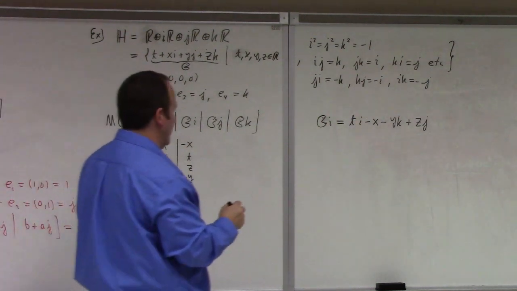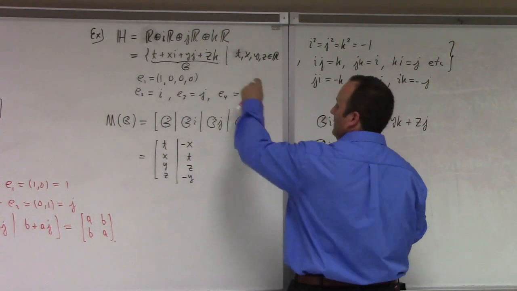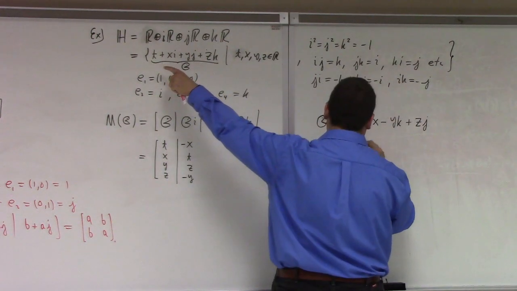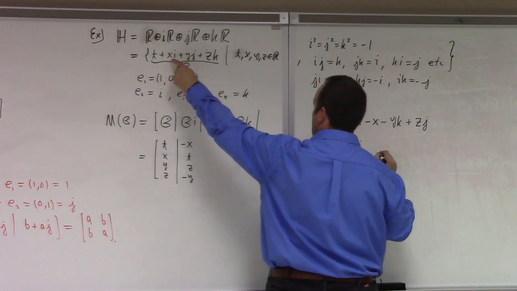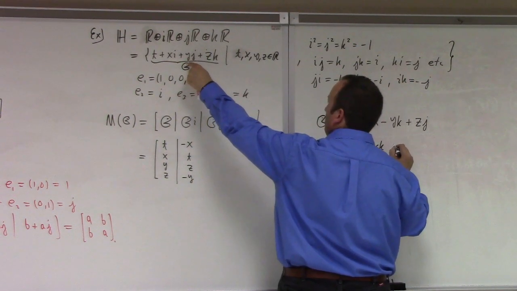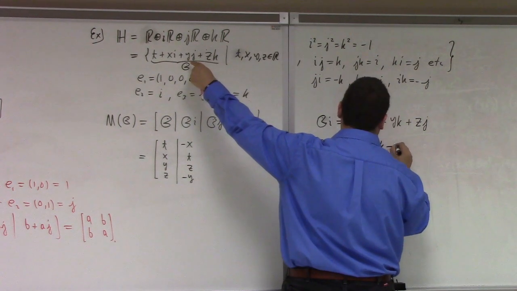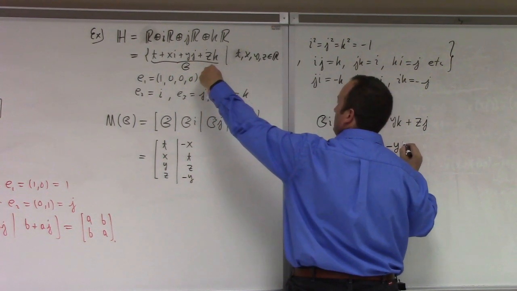What's Pac-Man times j? I'll do these. tj, right? What's i times j? That's k. What's j times j? Minus 1, right? So minus y. What's k times j?